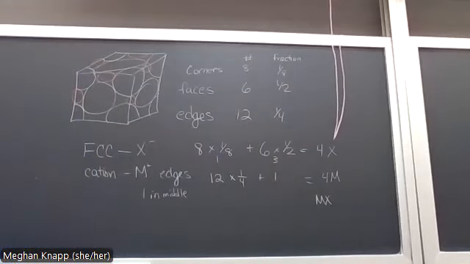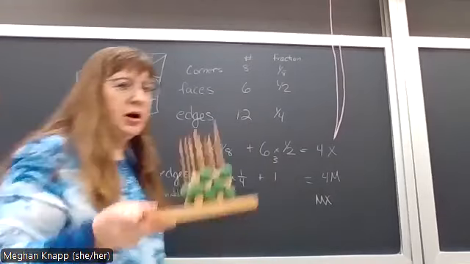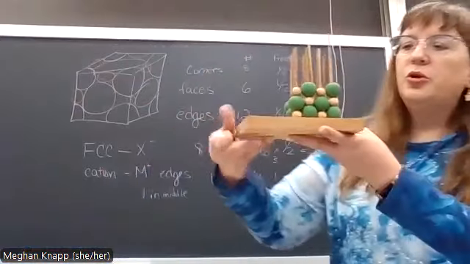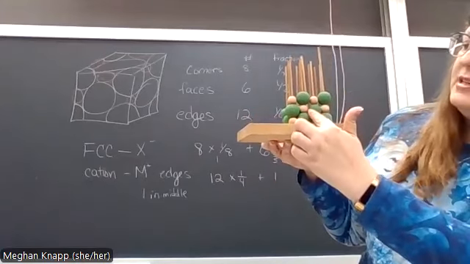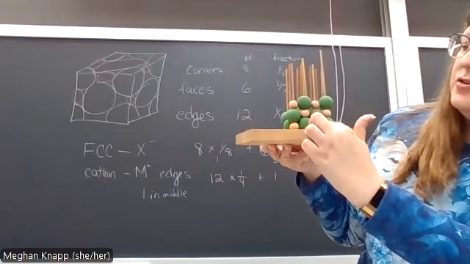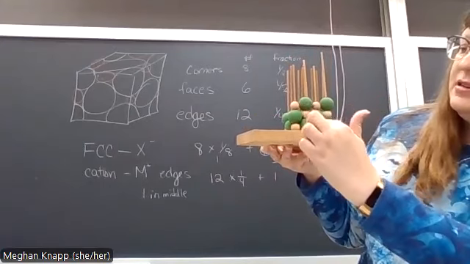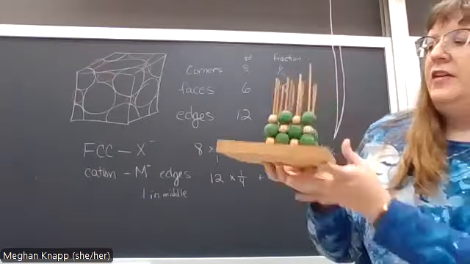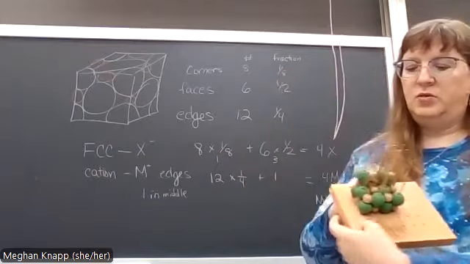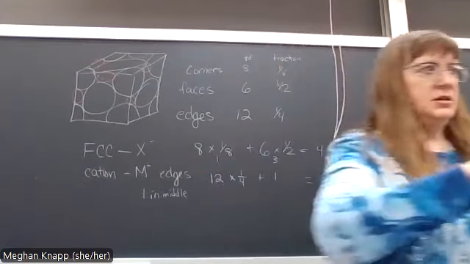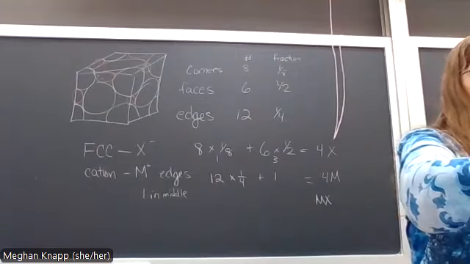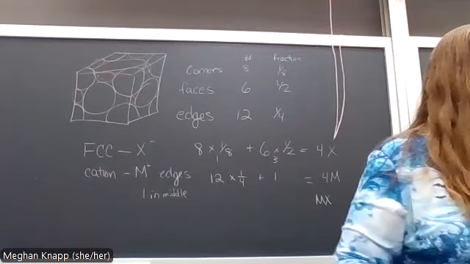And that is, in fact, what goes on with sodium chloride. You can kind of see the chlorine forming that face centering, and the sodium sitting at the edges. If I turn it around this way, you can see this little sodium atom sitting right in the middle of that cube.